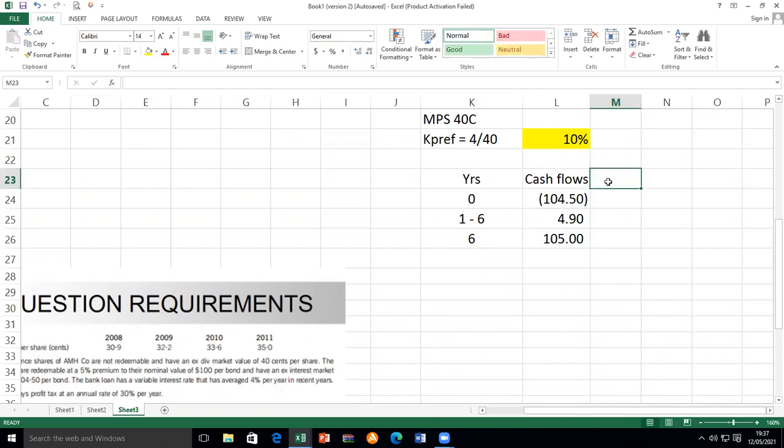So let us now find the annuity factor. We start with which rate yesterday? The one that is given, 7%.